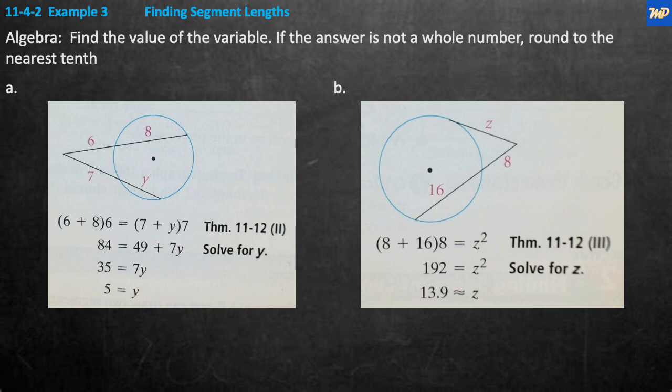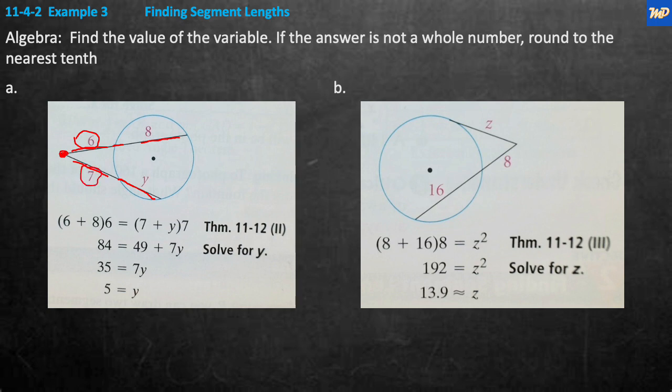Based on what we studied on a previous slide, when the intersection is outside the circle, we add the inside piece plus the outside piece, times the outside piece. Again, it's the inside plus the outside times the outside.